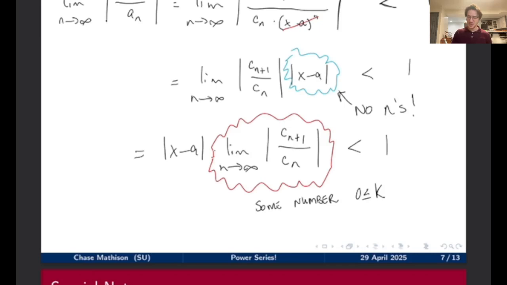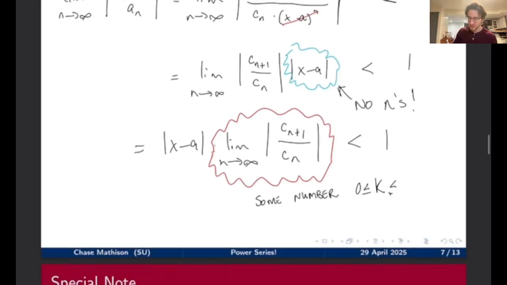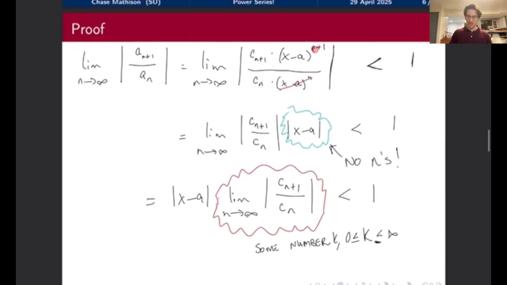And technically, if the c_n's are badly behaved, the limit here could also be infinite. This thing could blow up. So I'm going to write, lazily, that K is some number between 0 and infinity. Now, let's break this into 3 cases.